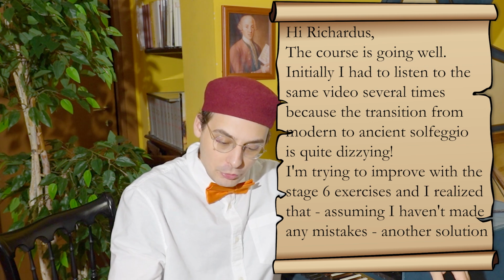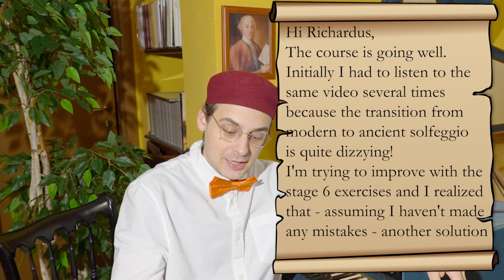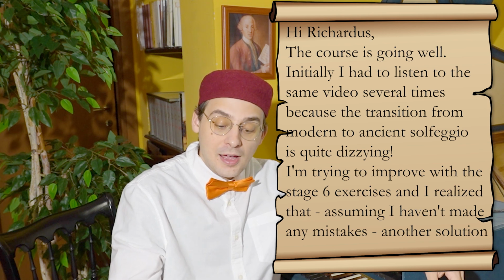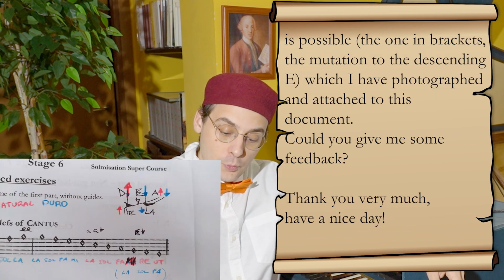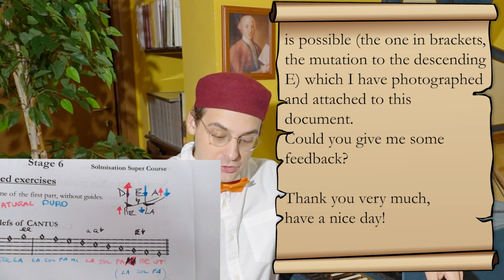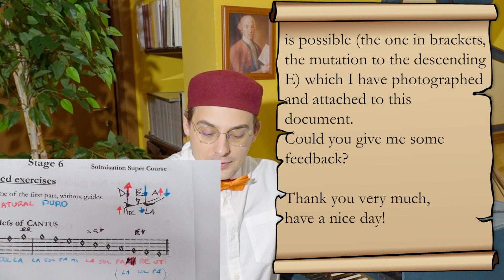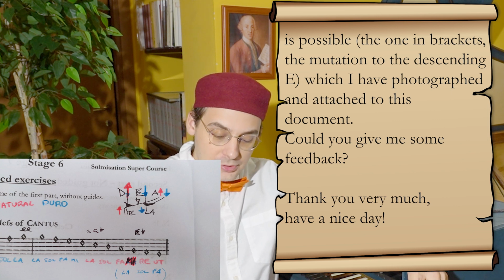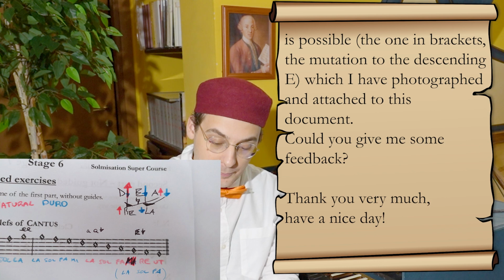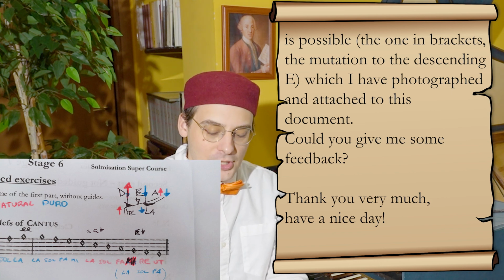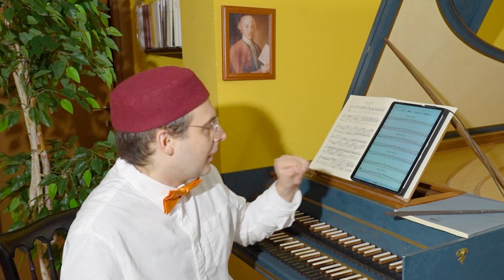"I'm trying to improve with stage 6 exercises, and I realized that, assuming I haven't made any mistakes, another solution is possible, the one in brackets, the mutation to the descending E, which I have photographed and attached to this document. Could you give me some feedback? Thank you very much. Have a nice day." So, yes, this is a very interesting question, Robertus, and now let's see what you're talking about.